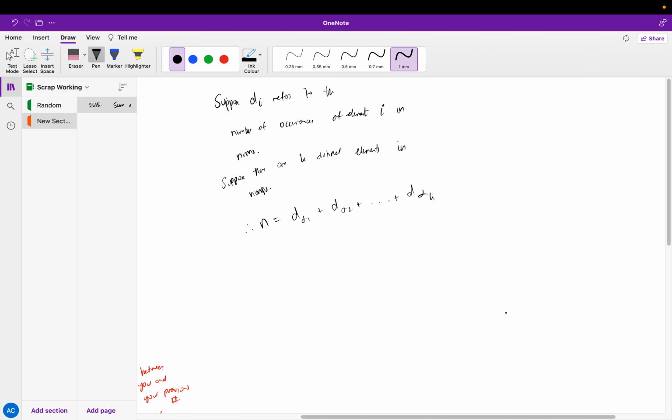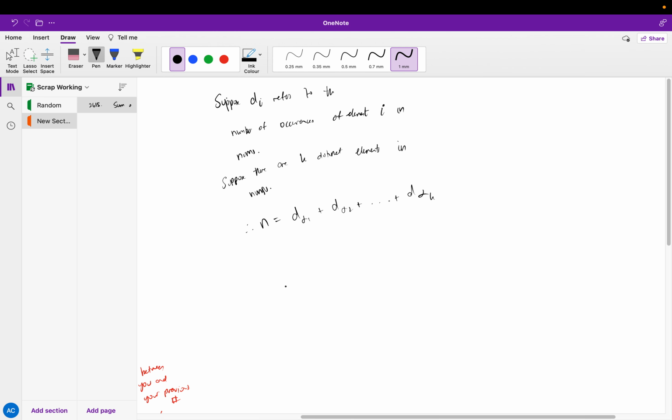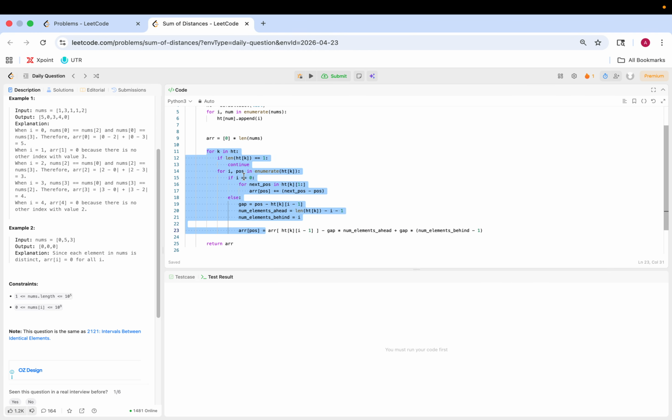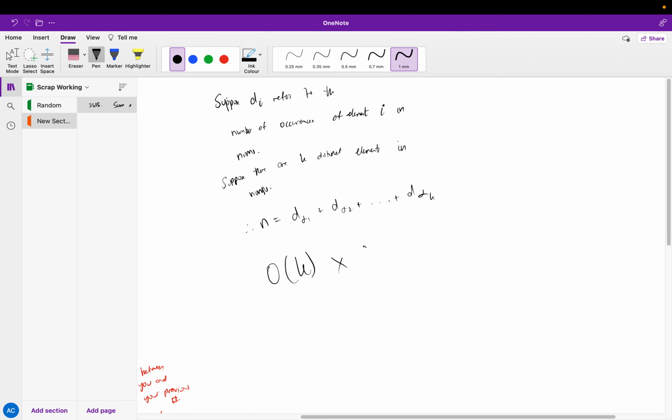So applying that logic, we're going through each key, which is O of k, because there's k distinct keys, times, for each of those, we have to do sort of one iteration, O of the I, which is like your O of n.